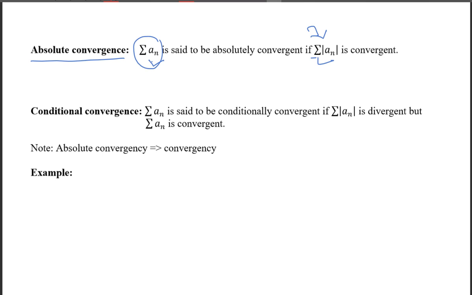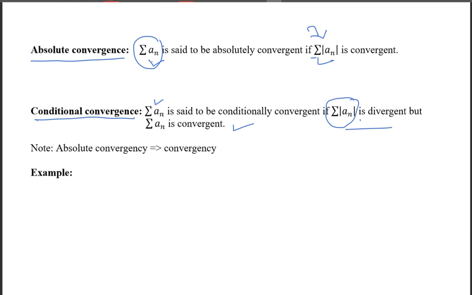Another definition is conditionally convergent. A series a_n is said to be conditionally convergent if the absolute series is divergent but a_n is convergent. It sometimes may happen that a series is convergent but not absolutely convergent, that is, mod a_n is divergent.